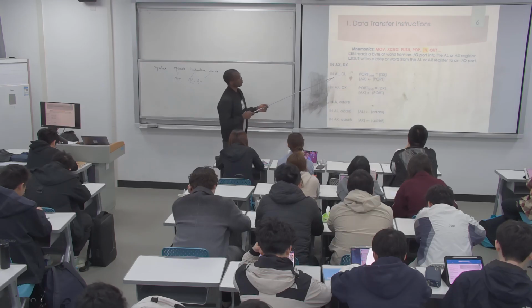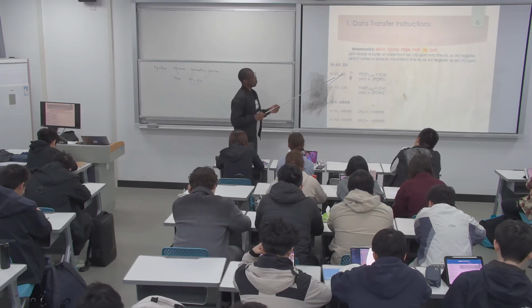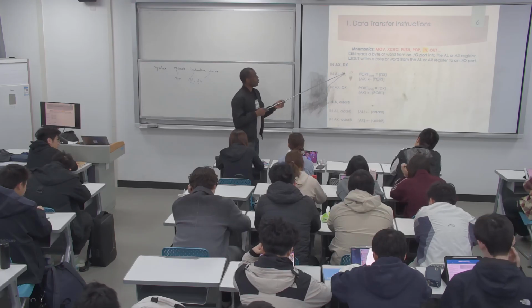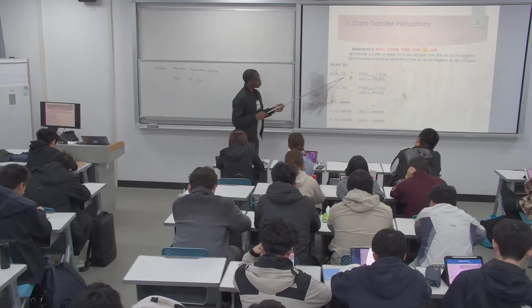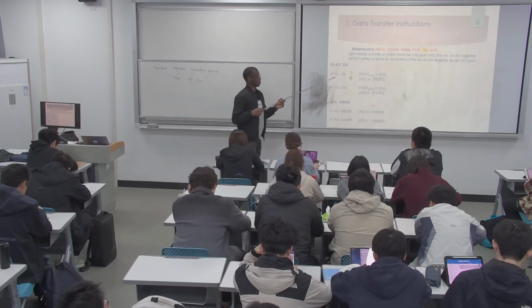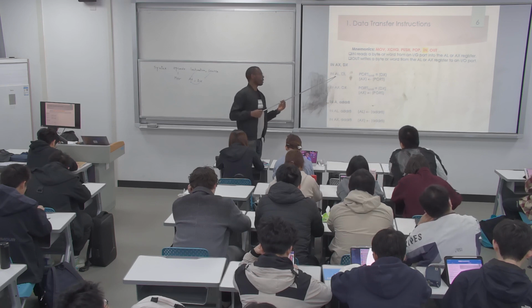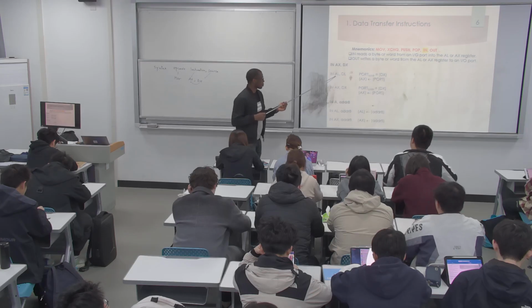Now, you see we have in, we are going to read a word or a byte, in our case a byte, from an input port. We are going to read the content pointed to by this port into AL. Because we have a byte, we use the lower byte of our accumulator register.